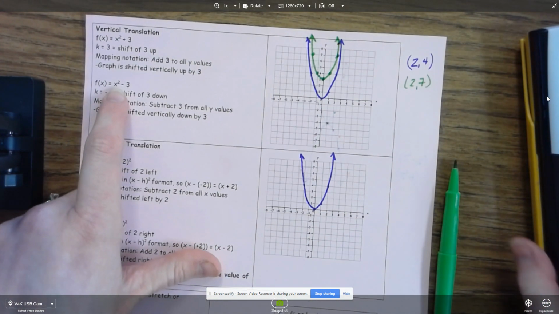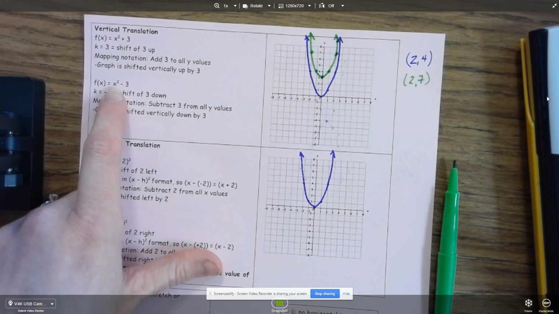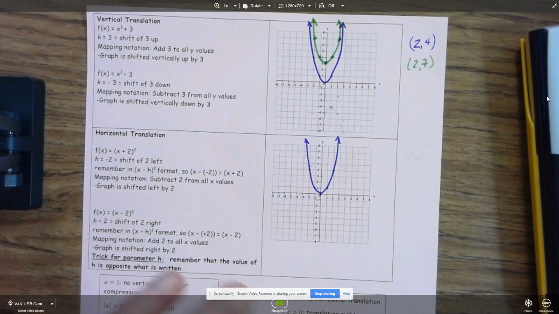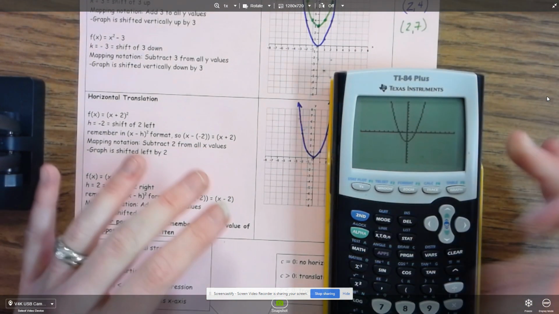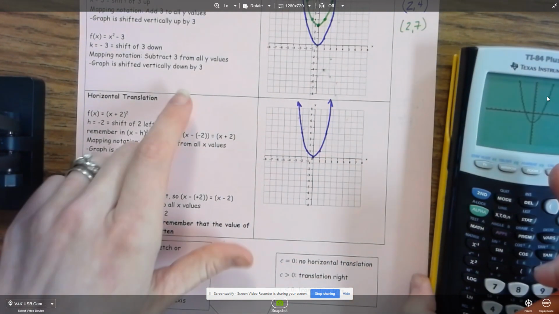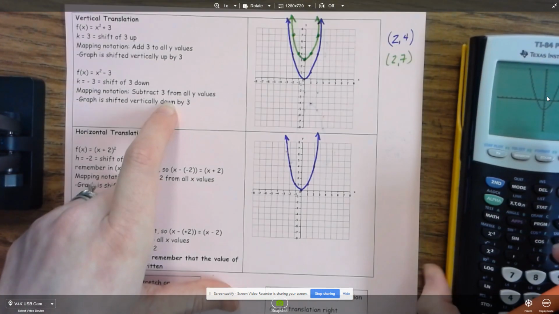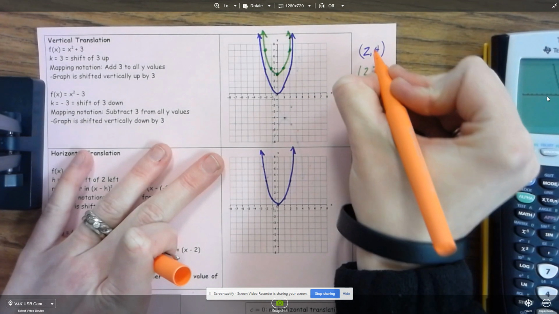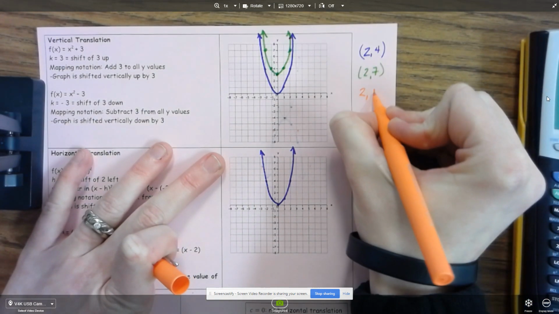All right, the next thing I'm going to do is x squared minus 3. That's going to shift my entire parabola down 3 units. So I would subtract 3 from all my y values. Here I would have 2, and then 4 minus 3 would be 1.